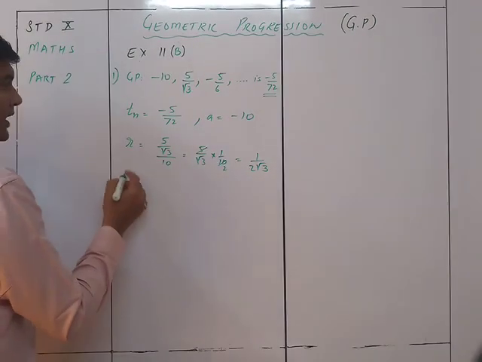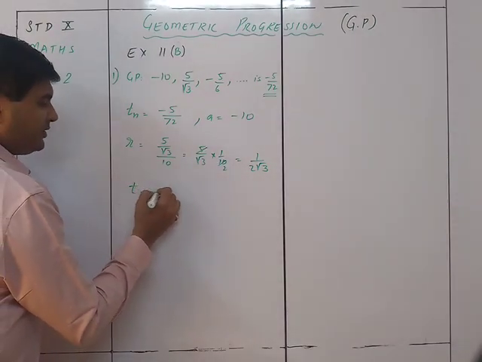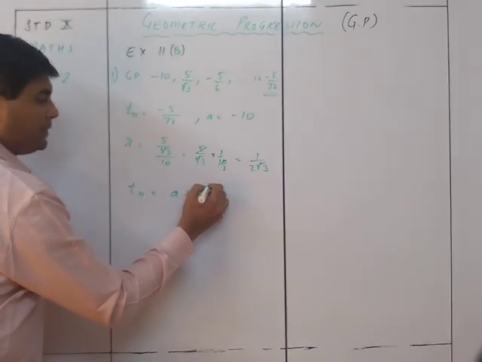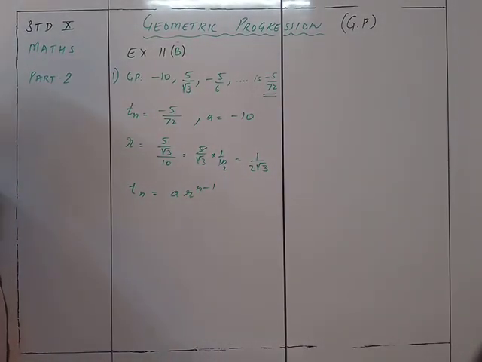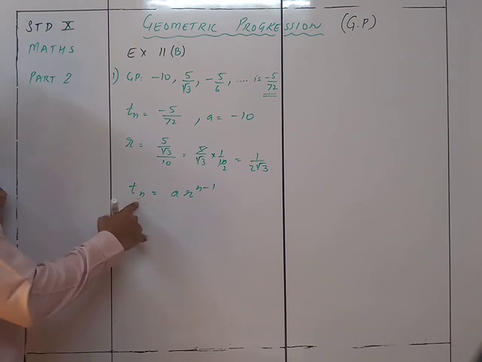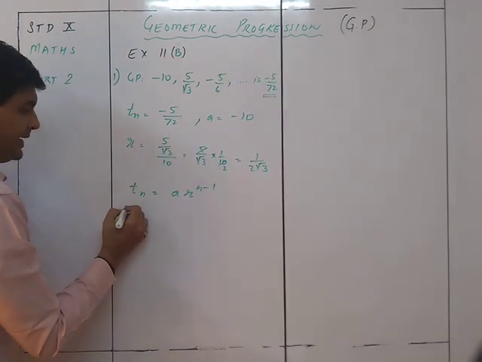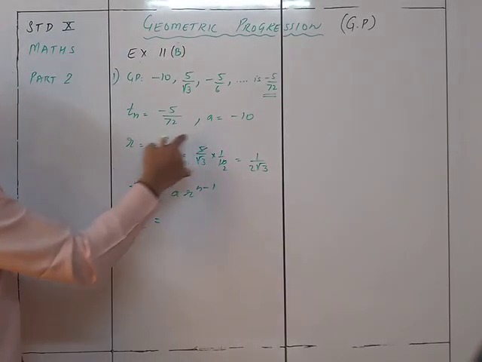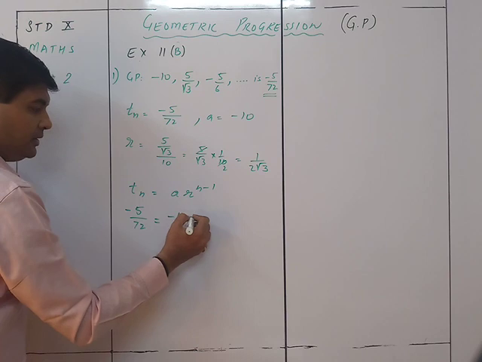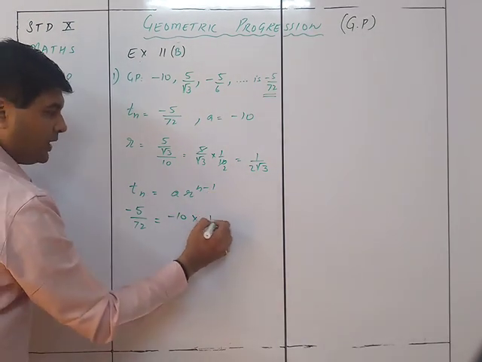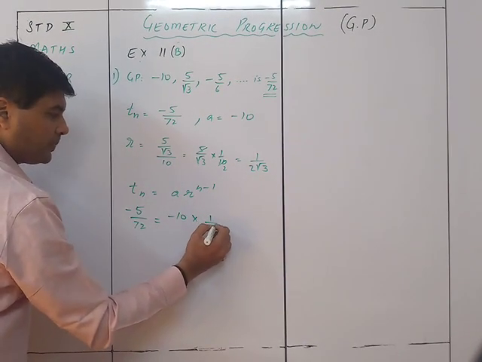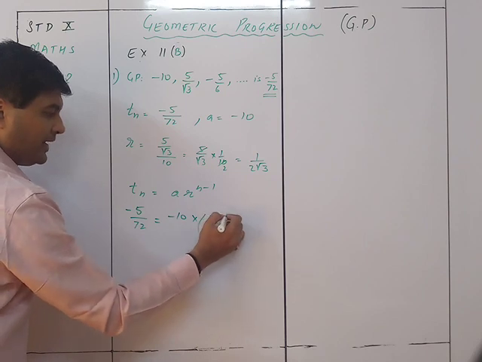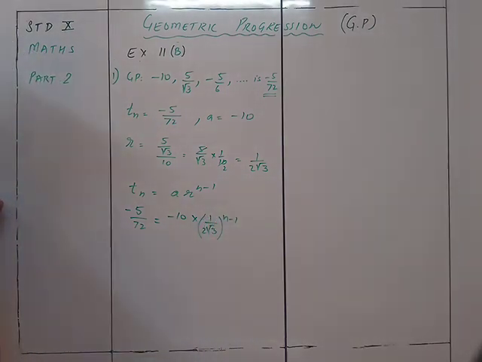So we now know that Tn is equal to a r raised to n minus 1. So we know the Tn value, that is minus 5 upon 72 is equal to a, which is minus 10, and r is 1 upon 2 root 3, the whole raised to n minus 1. Clear?